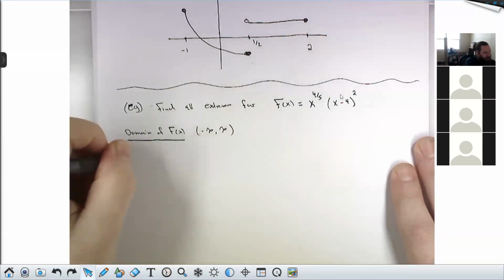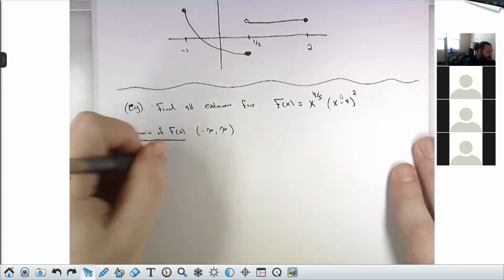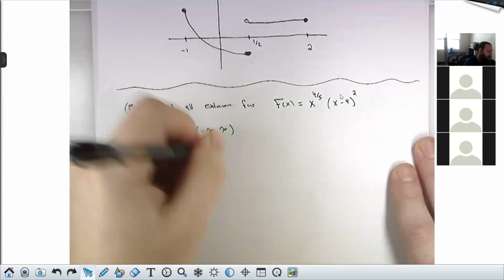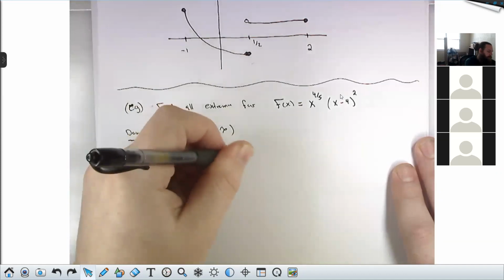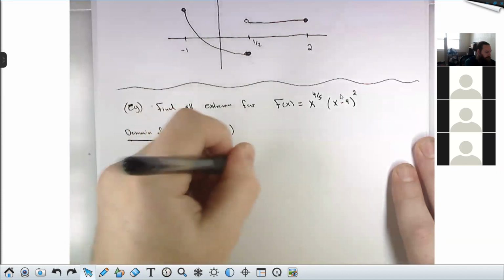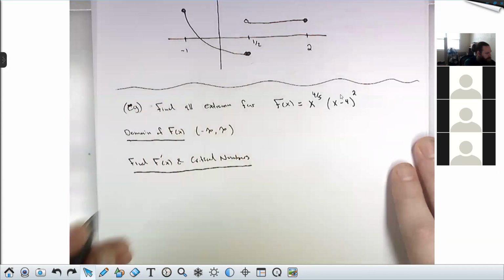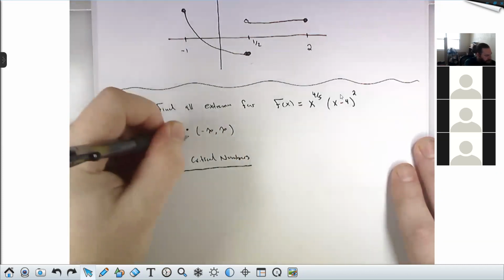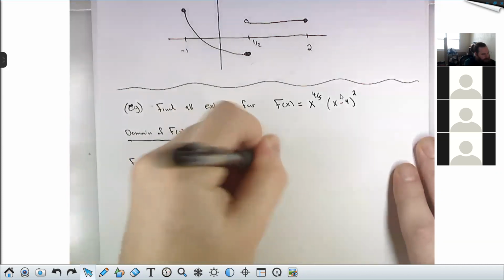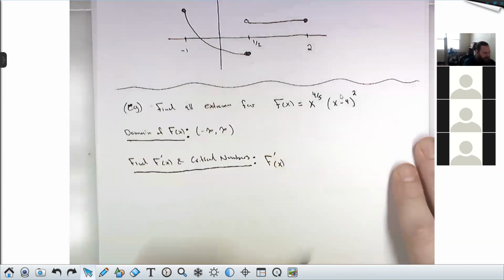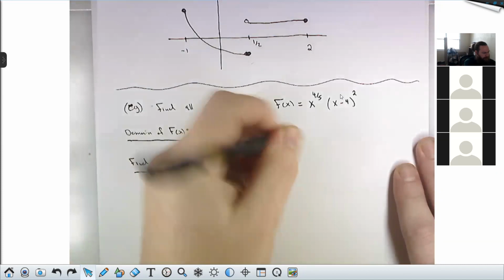All right, find f prime and critical numbers. I used to use the hashtag symbol, which back in the day we called the pound sign, to represent the word numbers. We can't do that anymore because it means other things to you guys. It's just me getting old. F prime is a product rule thing. I'll differentiate the first guy.